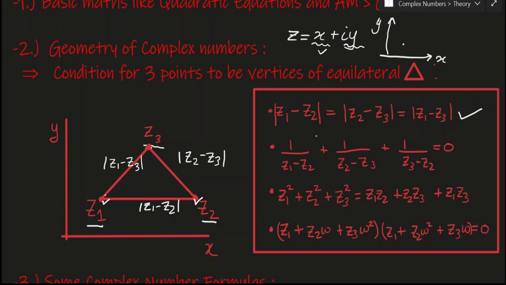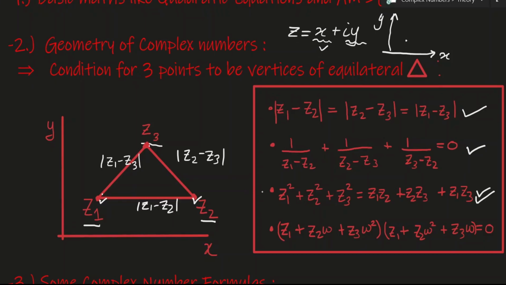Okay, so this was the first formula, and when I square and solve this, I get the second result, which is also something that is very standard in its nature, and you guys need to keep it in your mind. And the third result is actually very important. If this result is given to you in a particular problem, you need to analyze that the z1, z2 and z3 points are representing the vertices of an equilateral triangle.